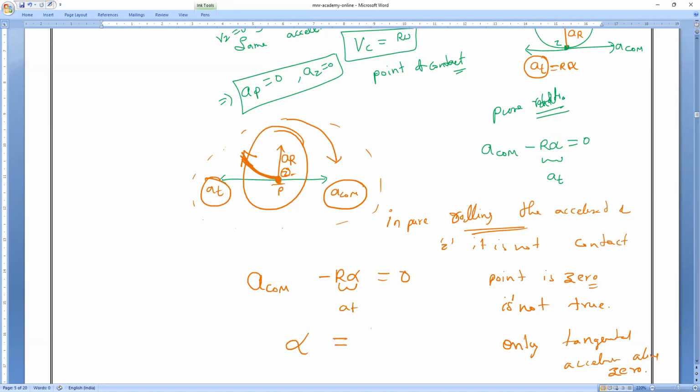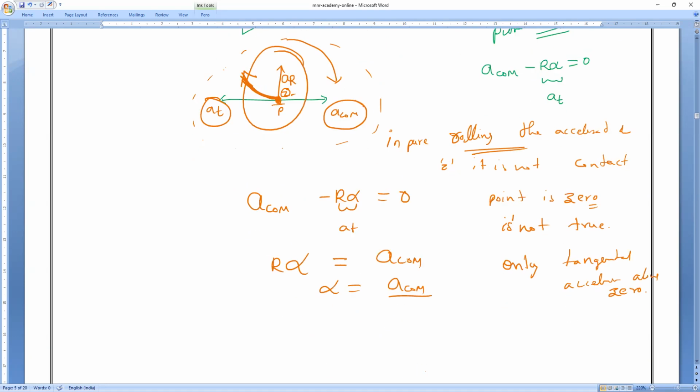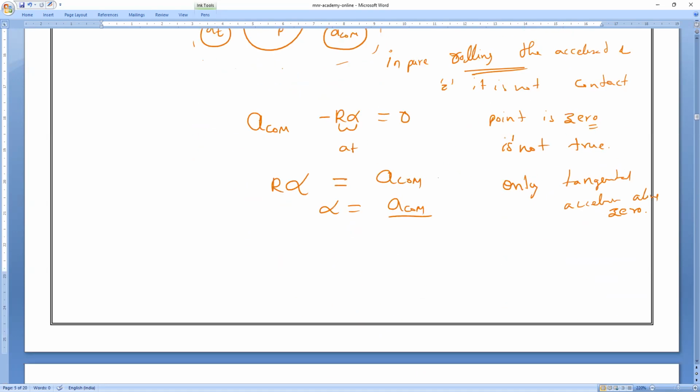From that, R alpha is equal to ACOM. Angular acceleration is equal to the acceleration of the center of mass divided by radius. So this is the formula for calculating angular acceleration.